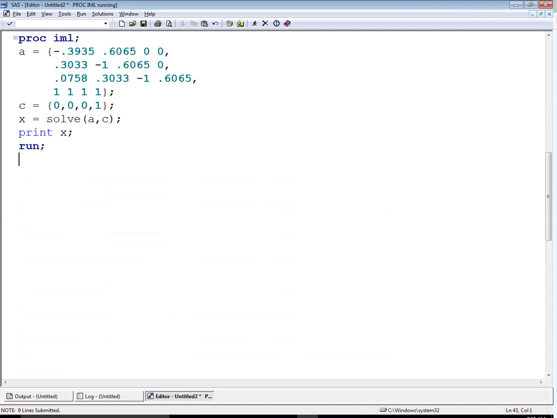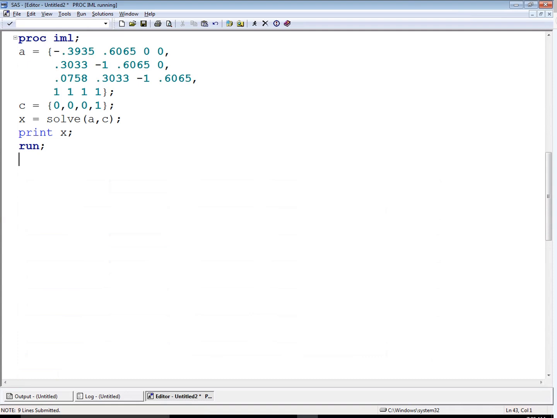So what do we have? The A construct, the A is a matrix. Every row corresponds to one side of one of those equations. And the vector C corresponds to the other side of the equation.